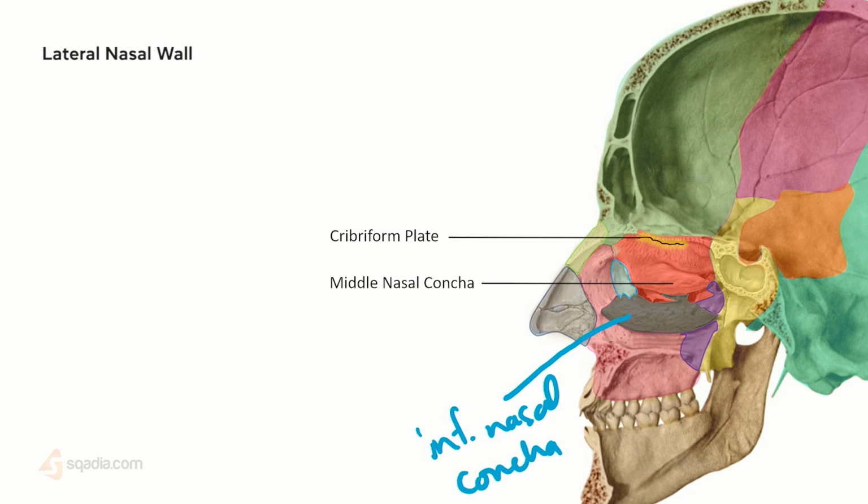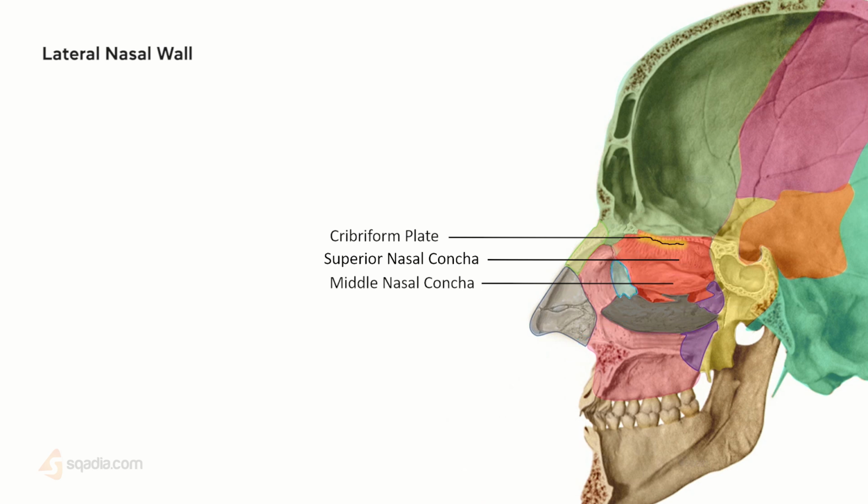Superior and middle nasal conchae hang out from it on the medial side. So here is the superior nasal concha, and here is the middle nasal concha. Each concha creates a small thin space under it called a meatus.